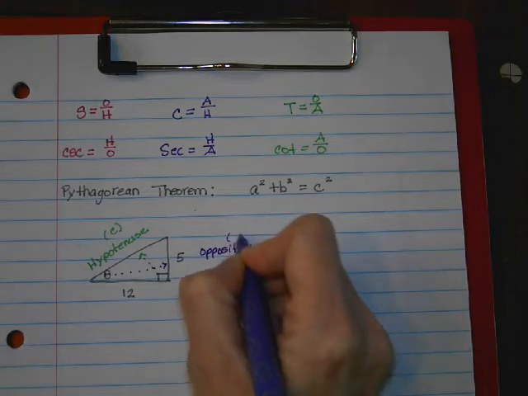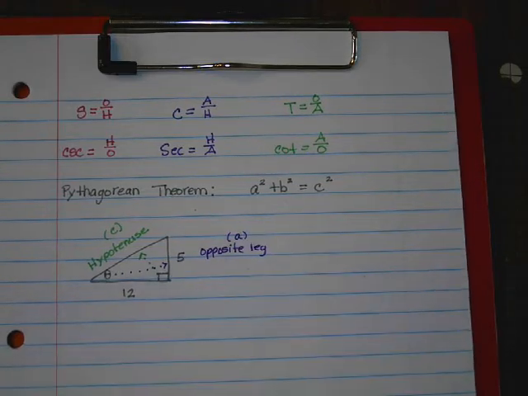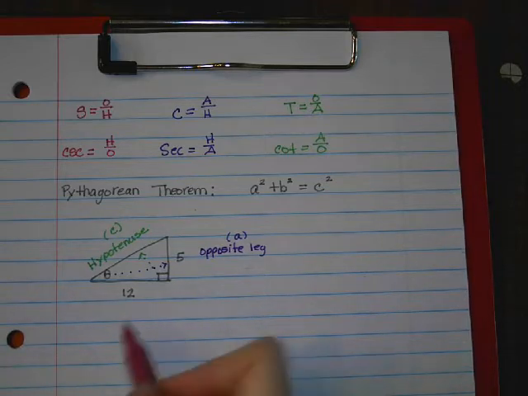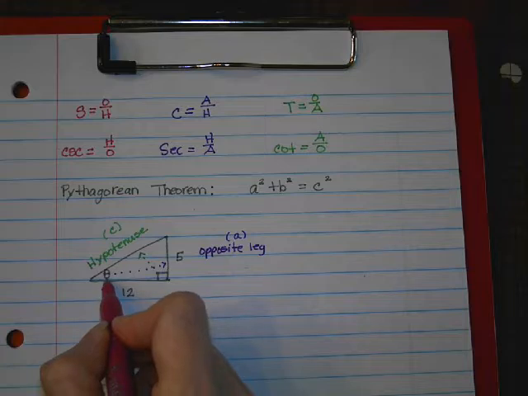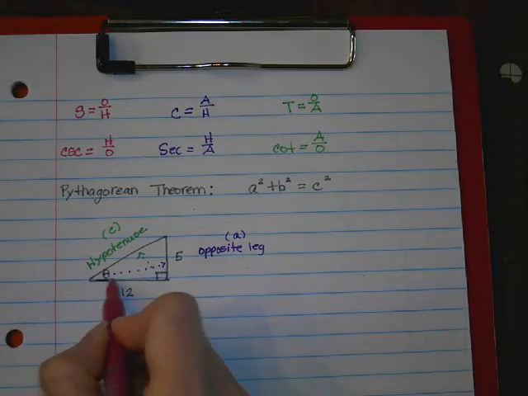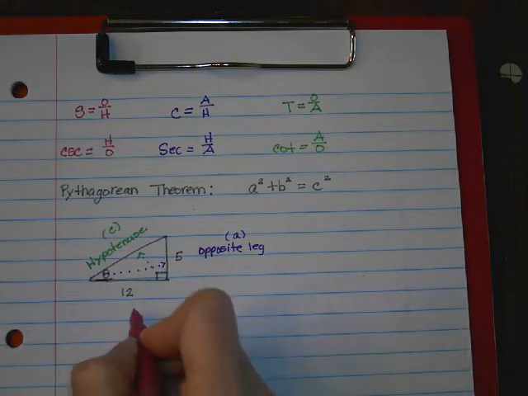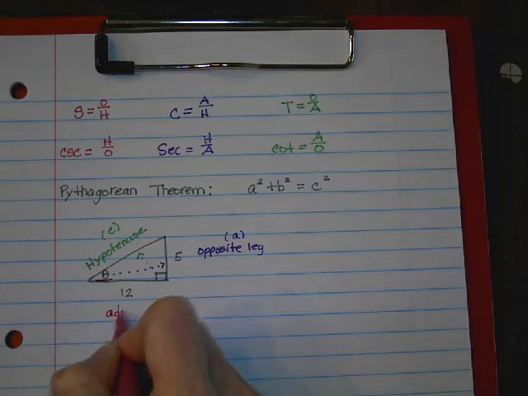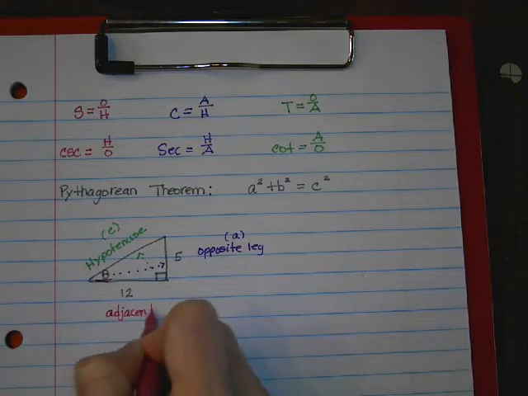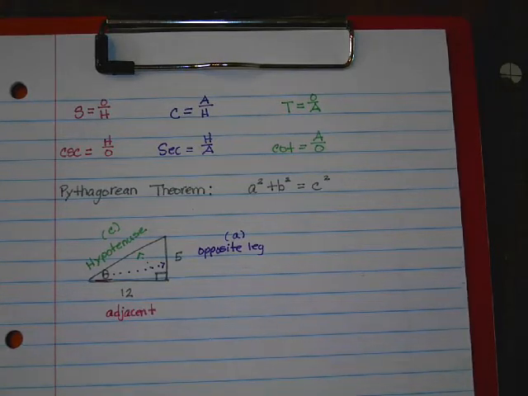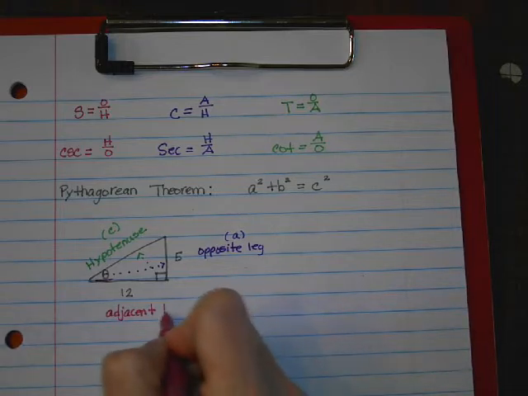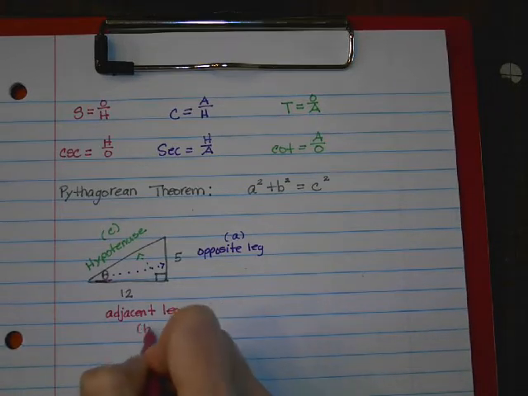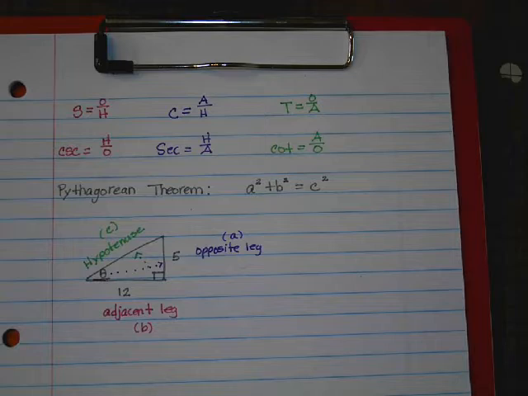And we're going to use A to represent opposite leg. Then we have the leg that lays right next to, or theta sits on top of. Theta sits right here on top of this line. That's where theta sits. That is my adjacent leg. The side that theta just sits down on, that is your adjacent leg. And we're going to let B represent the value of our adjacent leg.